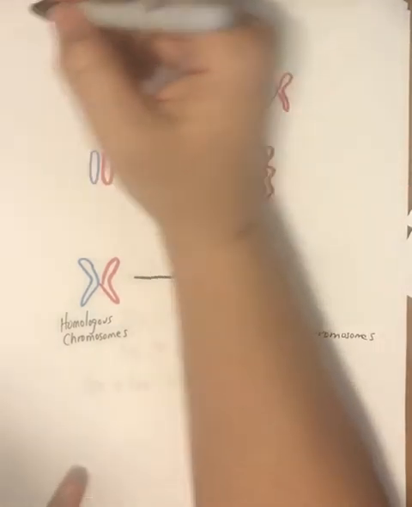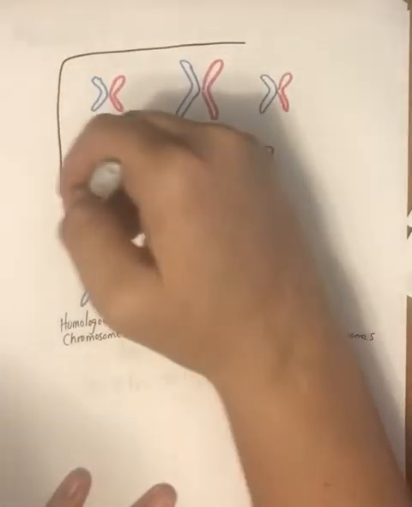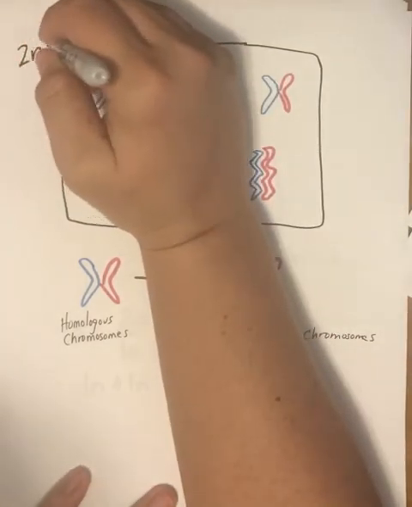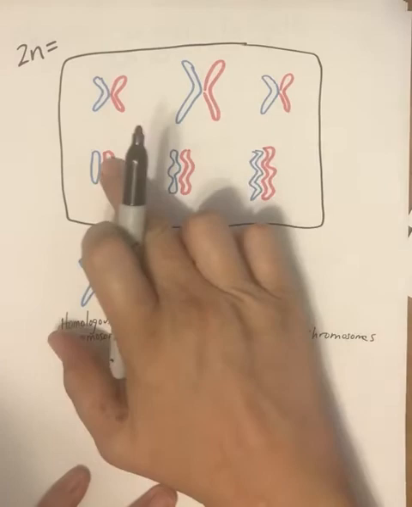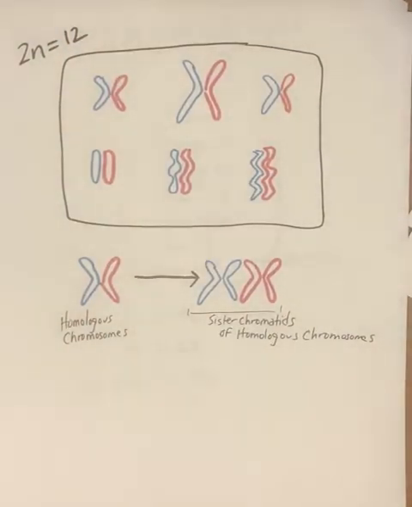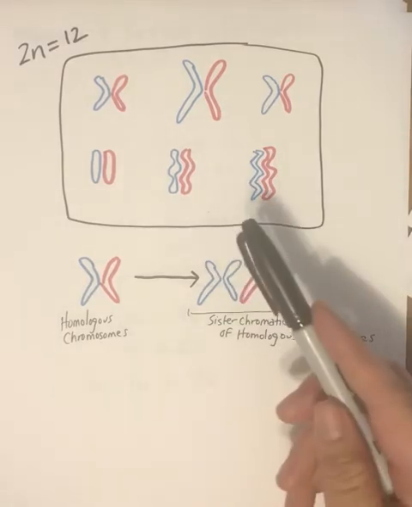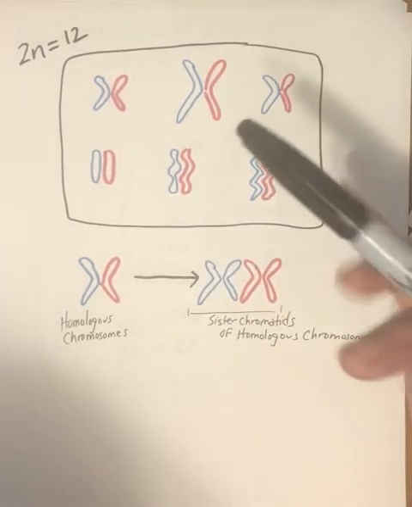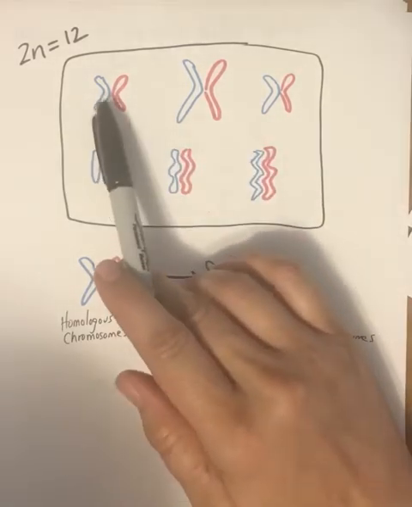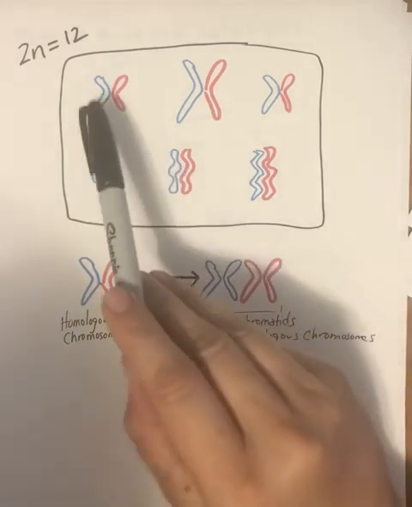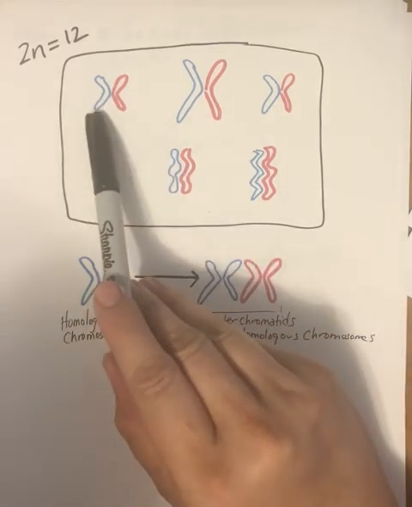So this would be your karyotype, and this would be 2n is equal to 2, 4, 6, 8, 10, 12. So there's a total of 12 chromosomes. It's literally a karyogram, which is a karyotype. It's a photo of your organism's homologous chromosomes, which have been paired based on size and shape.